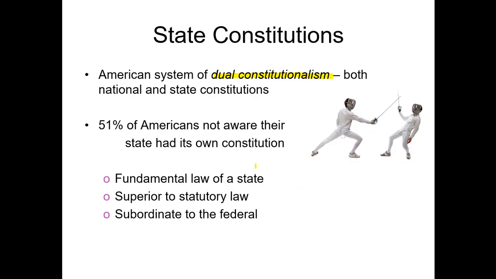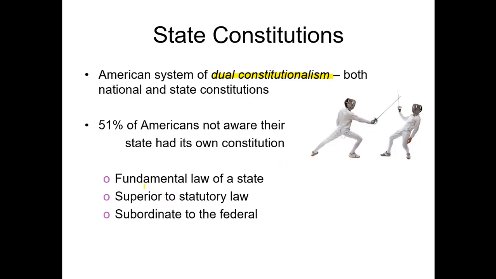Recent polls show that around half of Americans are not aware that their state has its own constitution, which is considerably more detailed, as we'll talk about. It talks about the foundation of law that's specific to their state.